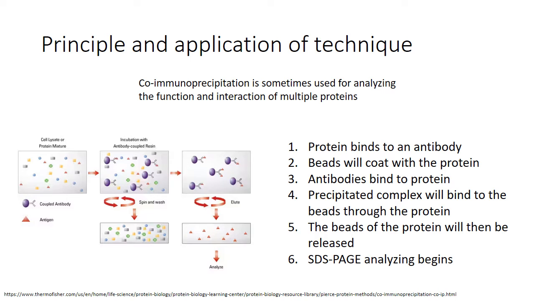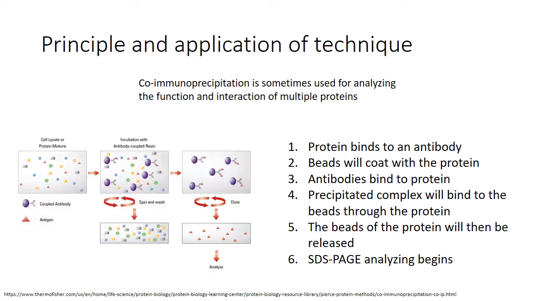Now that the protein is accessible due to lysing, you add your antibody to the protein. Protein A beads are then added to pull down the antibodies so the protein complexes can be separated.